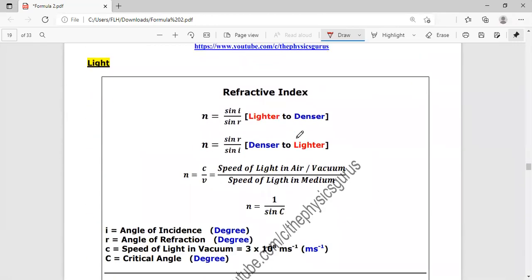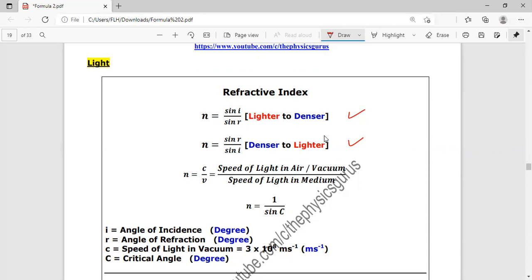Then formula related with light. When light travels from lighter to denser medium, the formula of refractive index will be sin i over sin r. When it is traveling from denser to lighter medium, in general, the formula will be sin r over sin i. Then another formula of refractive index, n is equal to c over v, where c represents speed of light in air or in vacuum, and v represents speed of light in medium.